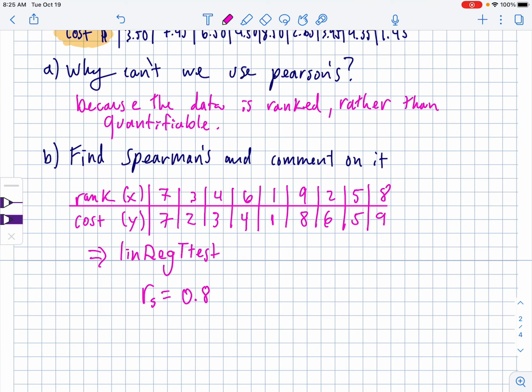They call 0.8 moderately strong. I think this follows our table that we had before. Don't quote me on that, but yeah, I think moderate, or was strong anything above 0.75? At any rate, this is a moderate positive correlation.